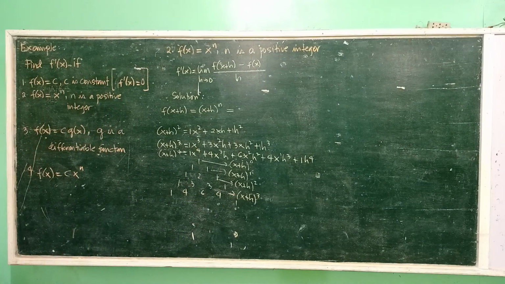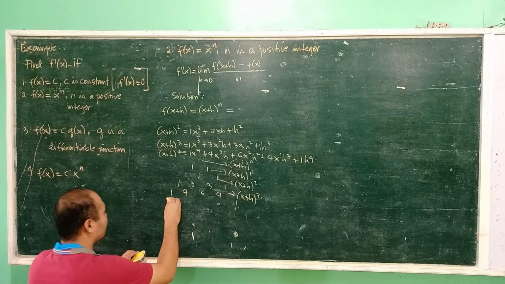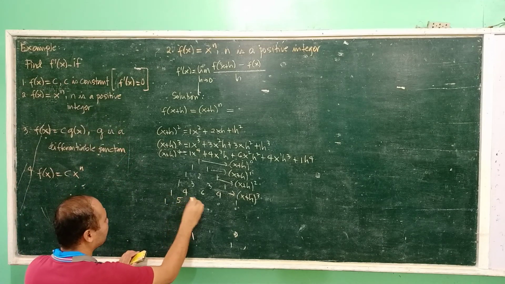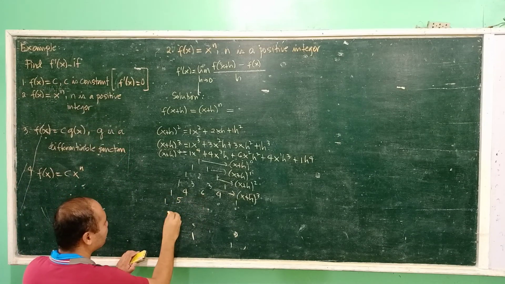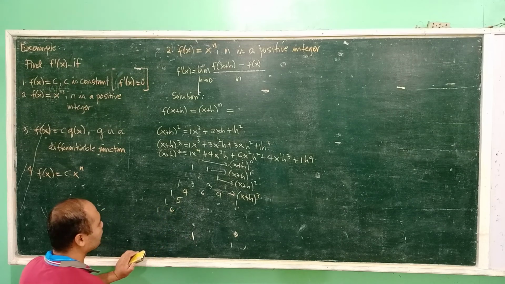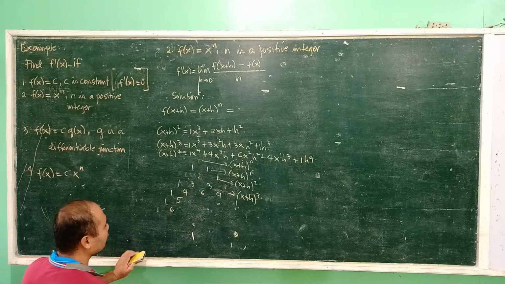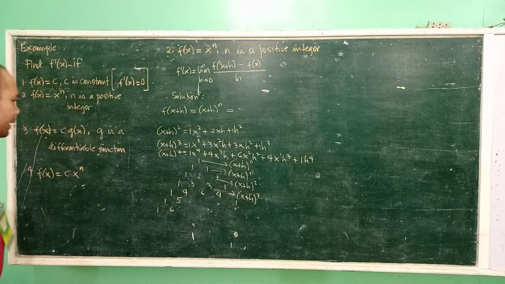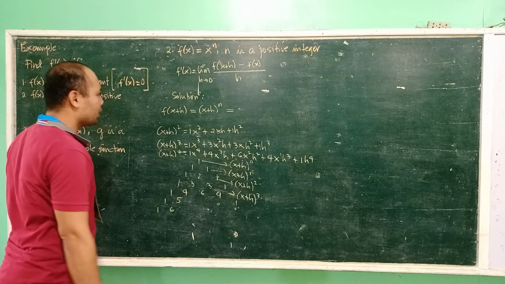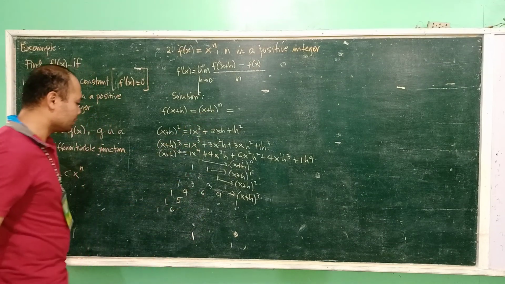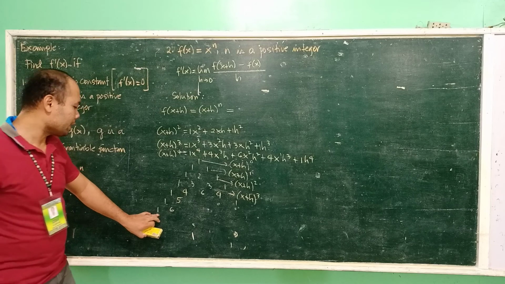If you continue this, you have 1, 5, and so on. If you continue here, you have 1 and 6. So we would expect that for x plus h to the n, there is always a 1 here.